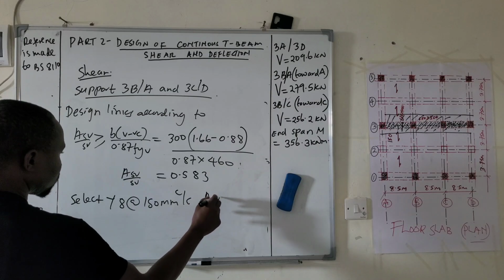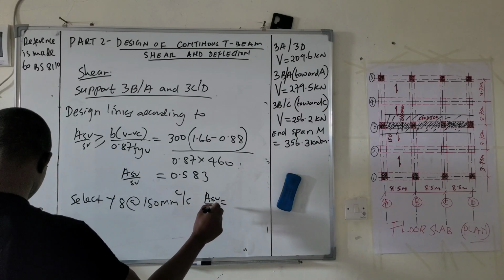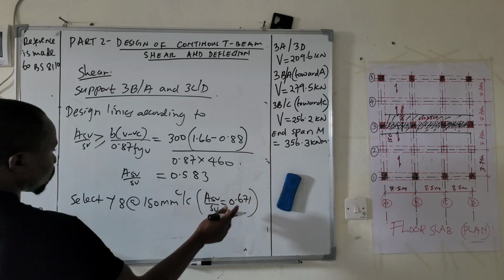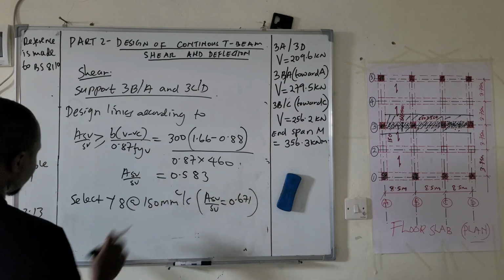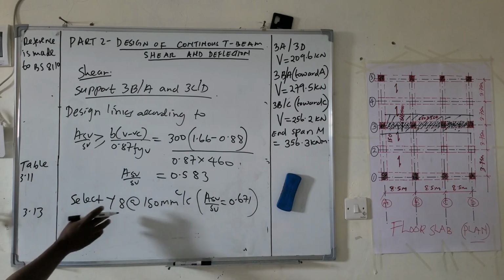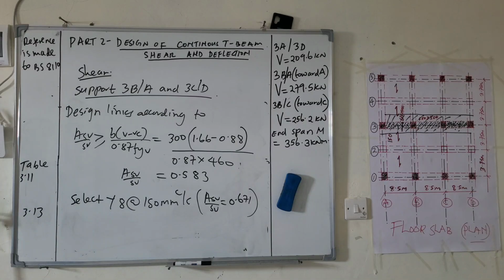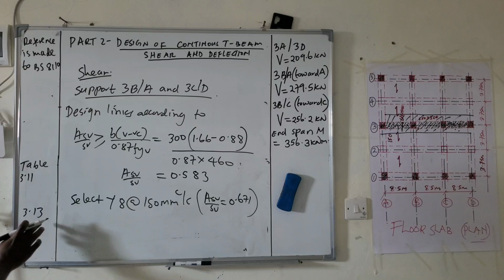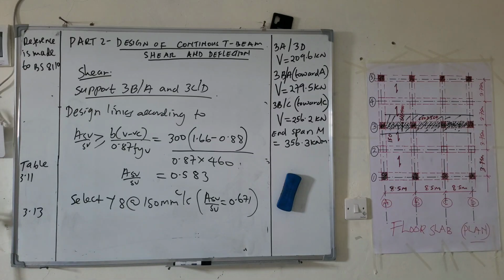Asv over Sv is equal to 0.671. So it should be higher than this, slightly higher than this. So I think you know how to read the size of the bar and the spacing from table 3.13. So that is all about support 3BA and 3CB.